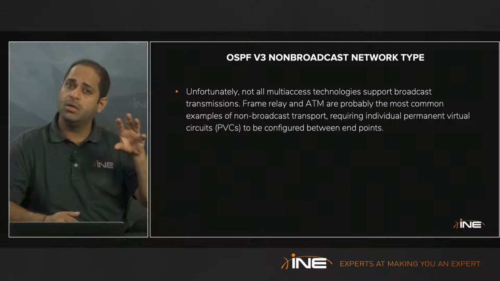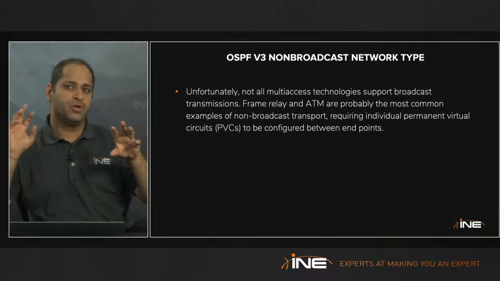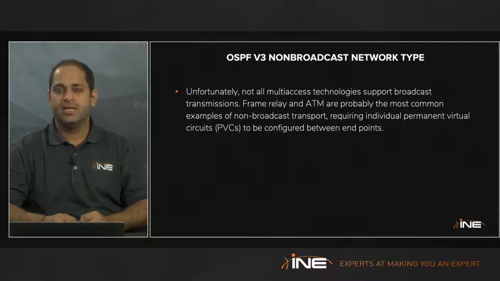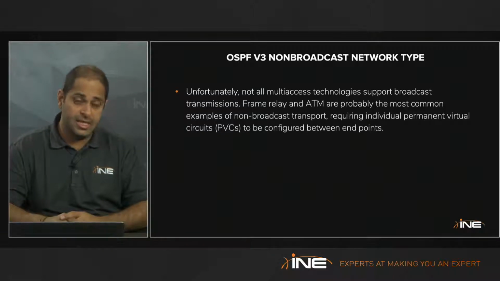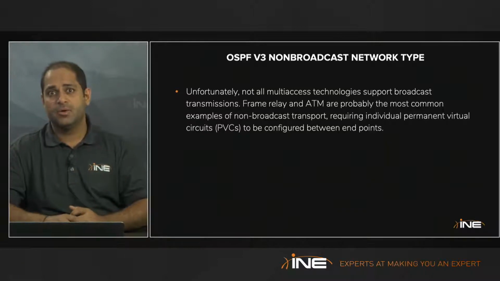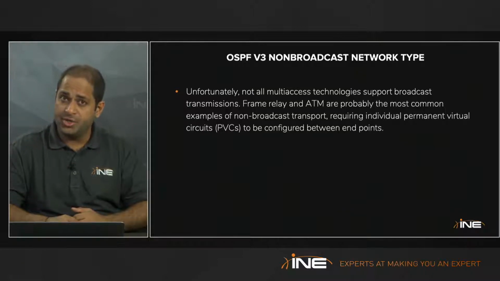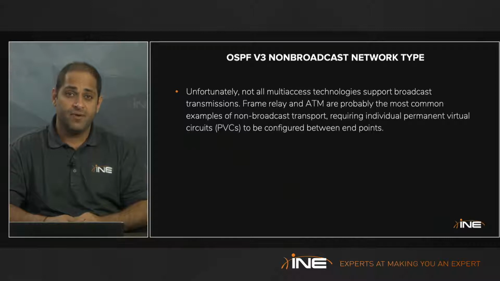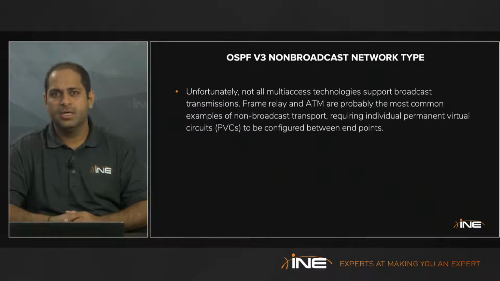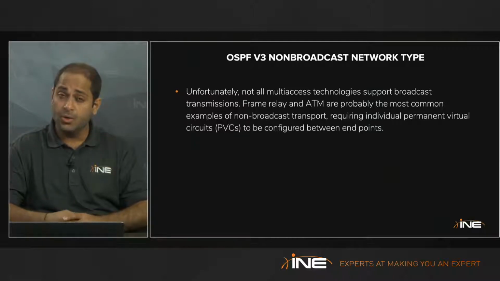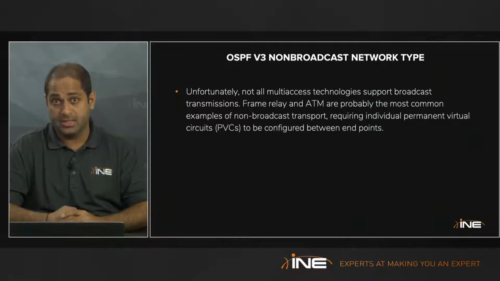So if router 1 wants to establish a neighborship with router 2, router 1 would send the source as a unicast, destination would also be a unicast. And for us to establish the OSPF version 3 neighborship, we must give the neighbor command on any one of the routers, and that neighbor should be your link local address.